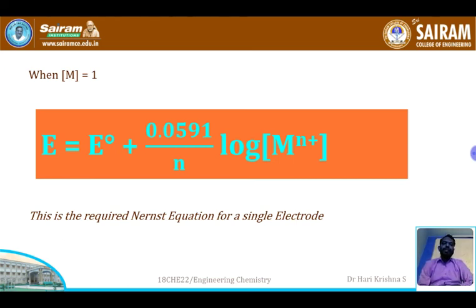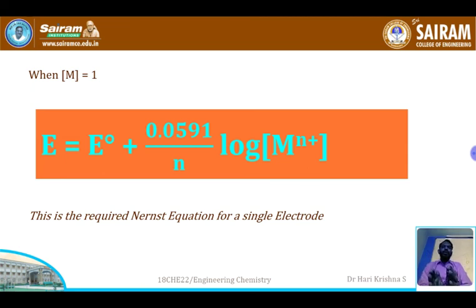And M^n+ is the concentration of the species, for example the concentration of zinc nitrate if zinc is dipped in zinc nitrate, or silver sulfate if silver is dipped in silver sulfate. It is the concentration of the salt solution in which the metal is dipped. By this, we can determine the electrode potential of a single electrode.